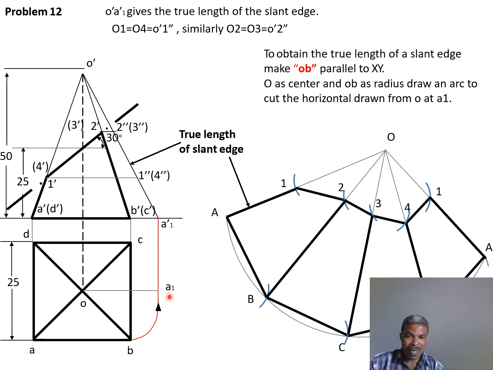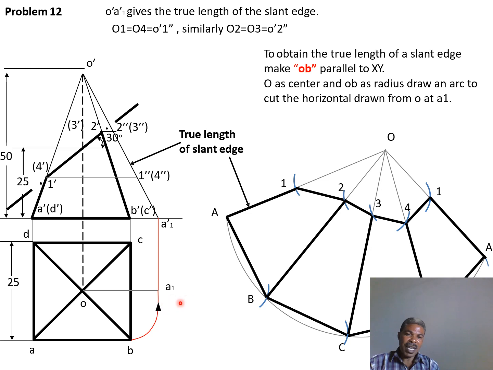How do you get it to A1? You have to draw an arc using the radius OB, drawing this arc until it intersects the line that was drawn horizontally, parallel to AB. Here, as you can see, we get a point A1.